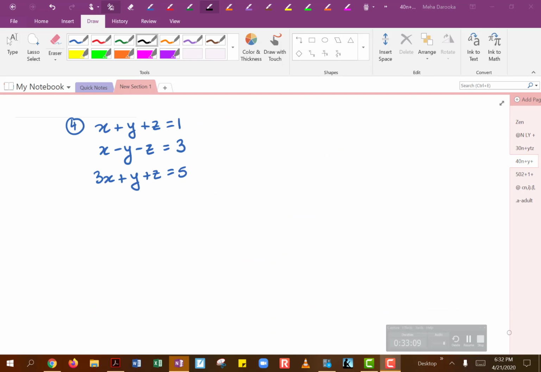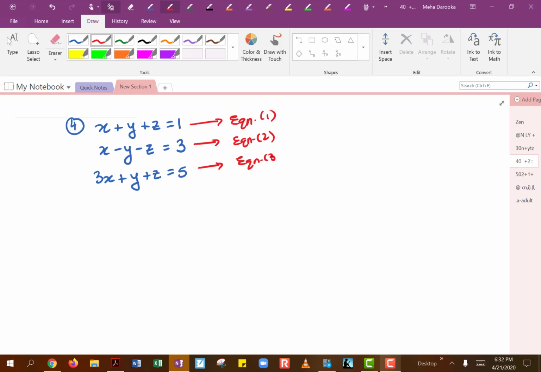So again, this will be our equation 1, equation 2, and this will be equation 3. So again, we are given 3 equations with 3 variables. So we want to try and reduce this down to 2 equations with 2 variables.